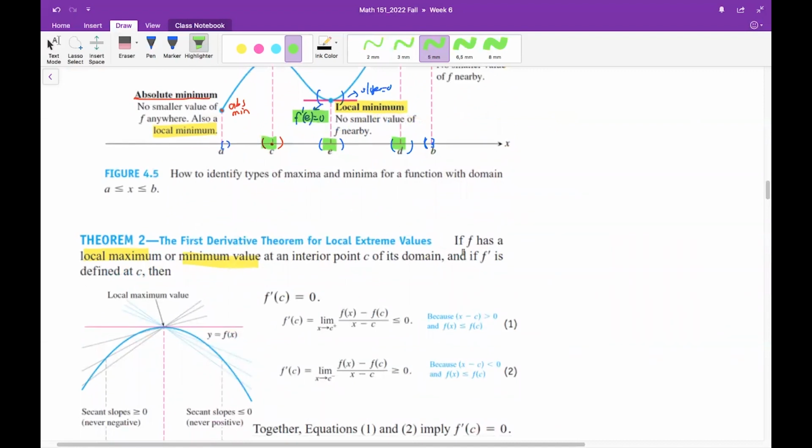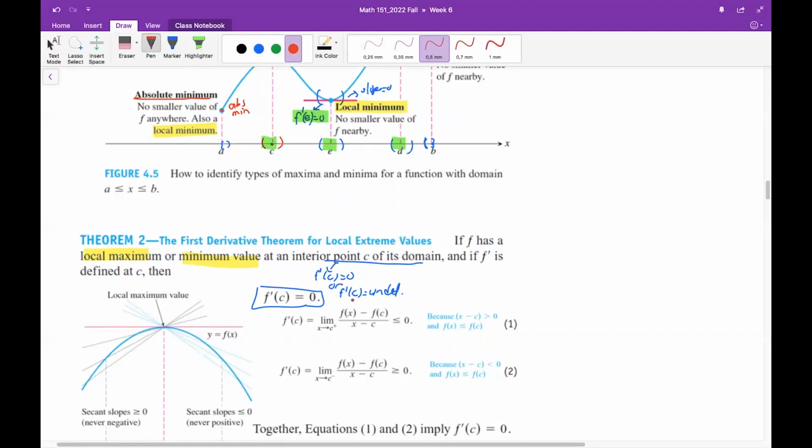At those types of points, you have either first derivative 0 or it is not defined. So either f prime c is 0 or f prime c is undefined. But this theorem adds one more piece of information: if f prime is defined, then this has to be 0.